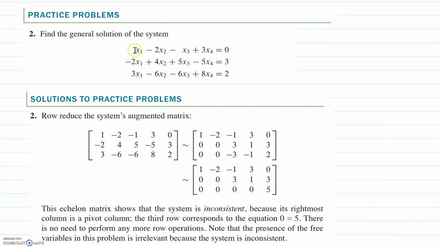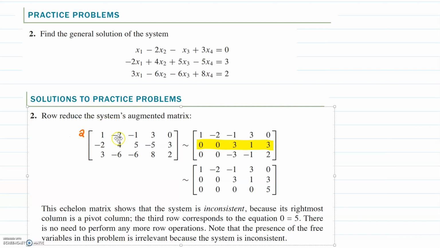Find the general solution to this system, just so we could do the same thing, but see that it is inconsistent. So they row reduced it. Let's go ahead and do that. To row reduce it, I'm going to first get my zeros in that first column. So I'm going to take 2 times the first row, add it to the second row to get this row right here. You can see that that does work.